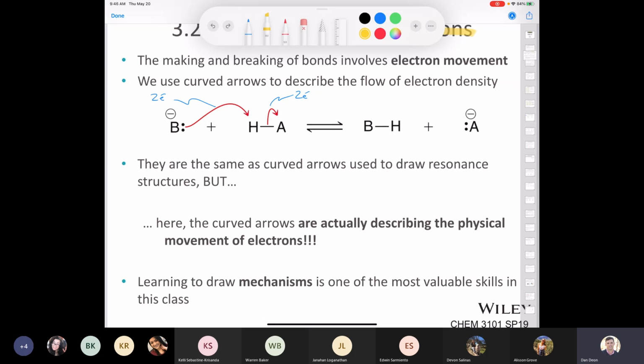When we draw these reaction arrows, we call this a reaction mechanism. Learning to draw reaction mechanisms is one of the most valuable and most powerful tools you will learn in this class. It's imperative that you know how to draw curved arrows in reaction mechanisms.